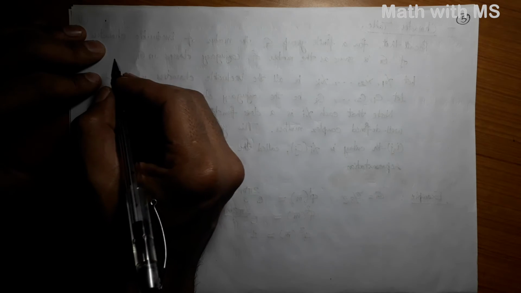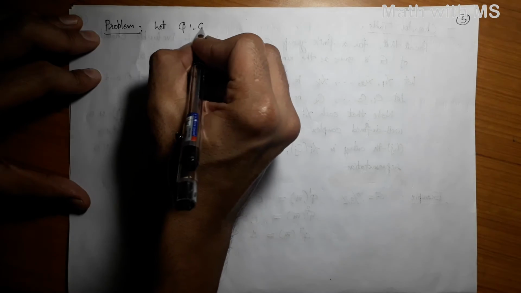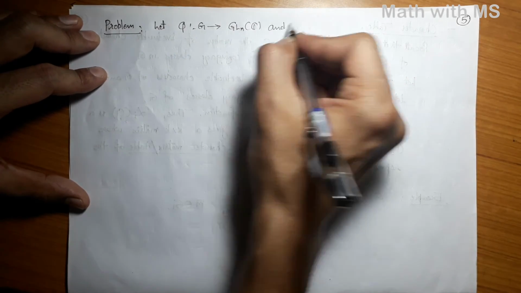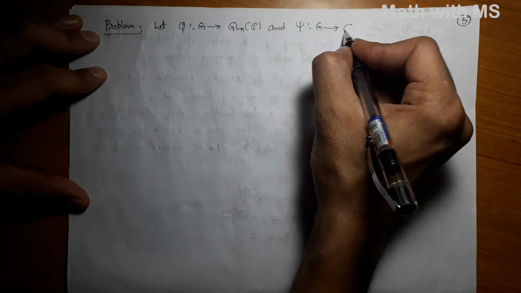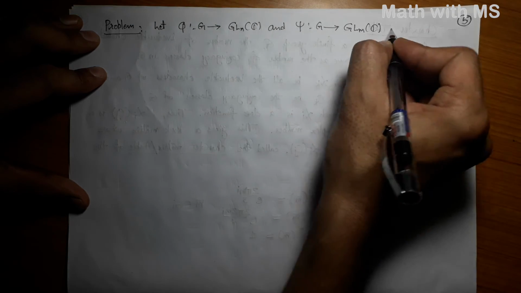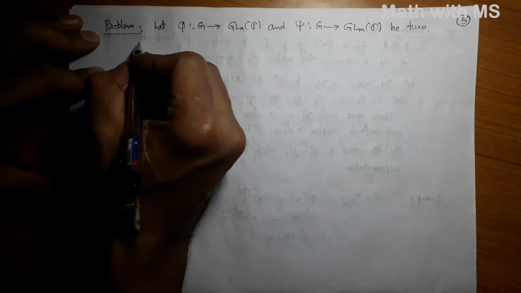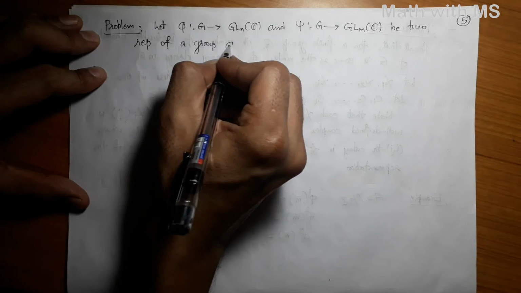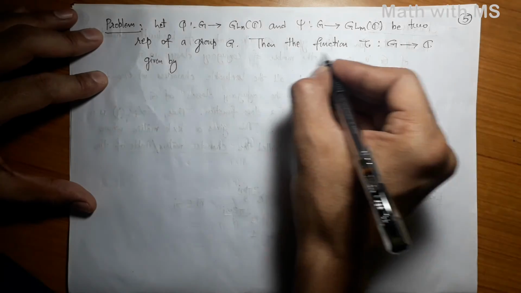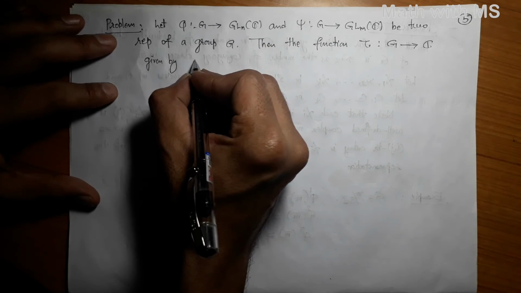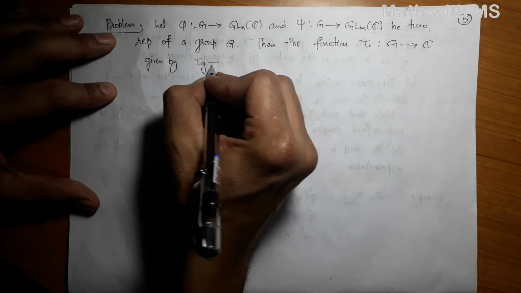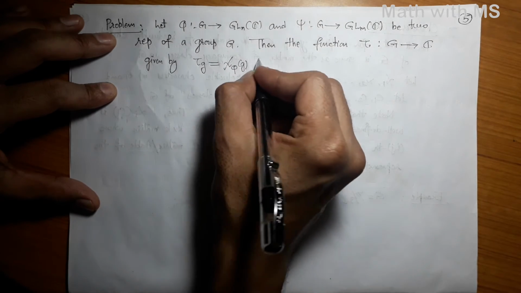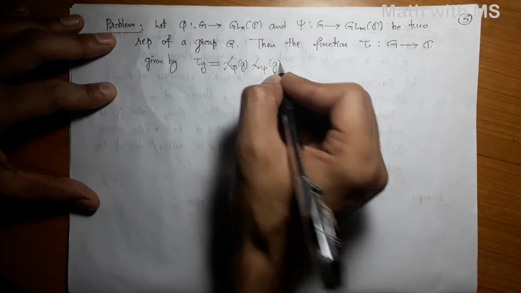Let us discuss one problem here. So let phi from G to GL_n(C) and psi from G to GL_m(C) be two representations of a group G. Then the function tau from G to C given by tau of any g equals take the character of phi, evaluate at g, and take the character of psi and evaluate at g.